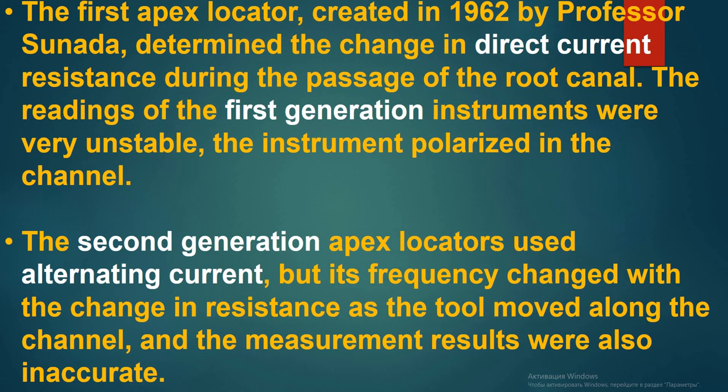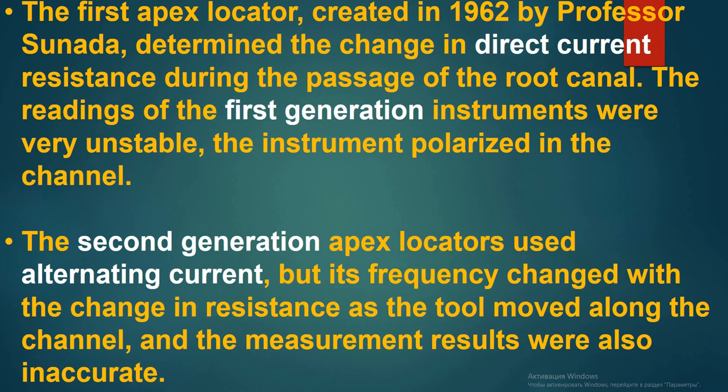The first apex locator, created in 1962 by Professor Sunada, determined the change in direct current resistance during the passage of the root canal. The readings of the first generation instruments were very unstable.